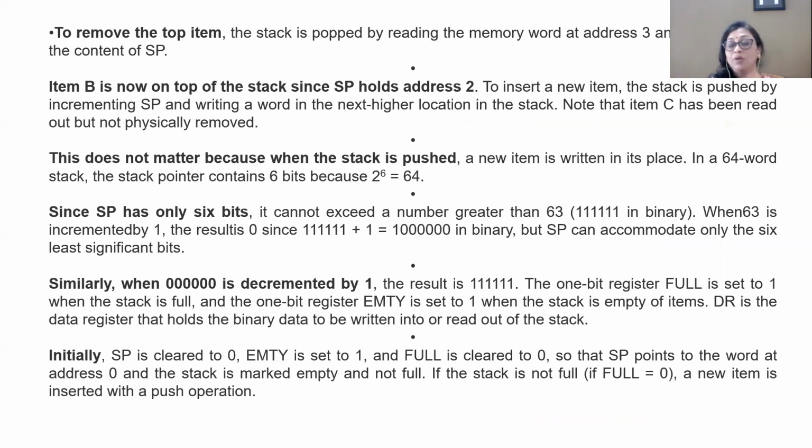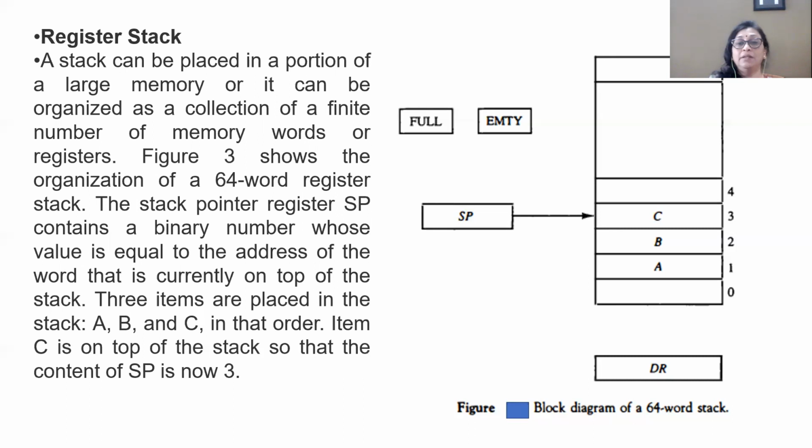So if you are going to delete element C, then the contents of the stack pointer will be decremented by 1. That means 3 minus 1, which is equal to 2. So after deletion, your stack pointer will be pointing to address 2. Now this will become your top of the stack.